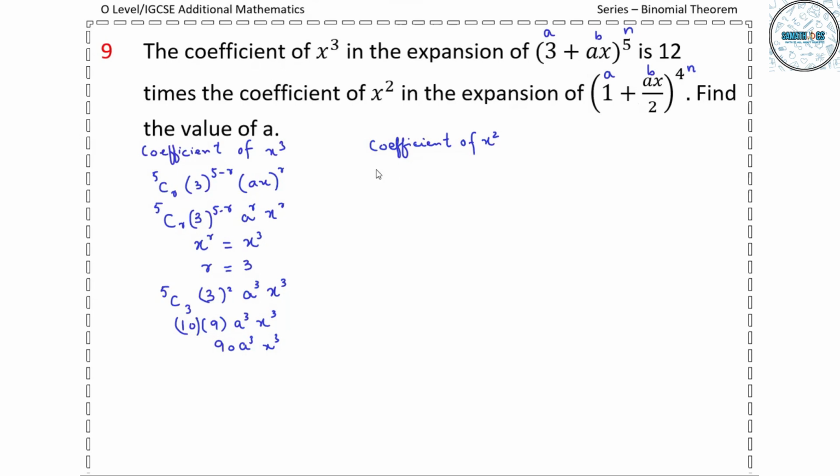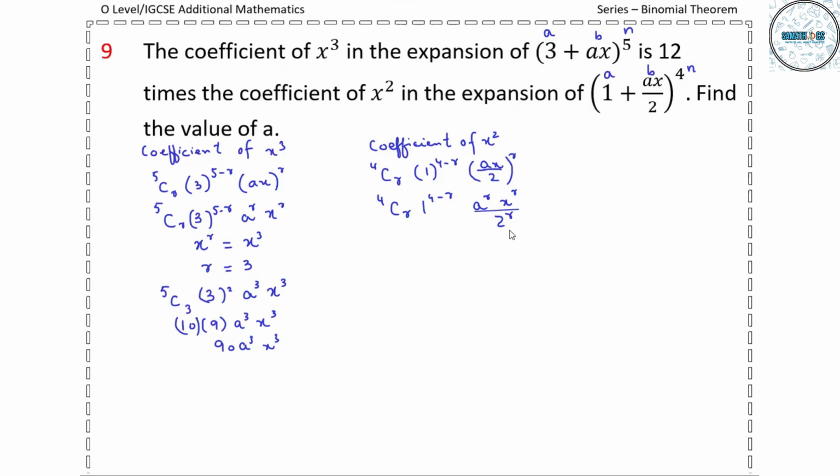We'll substitute in the formula 4Cr × 1^(4−r) × (ax/2)^r. When we simplify, we will get 4Cr × 1^(4−r) × a^r × x^r divided by 2^r.